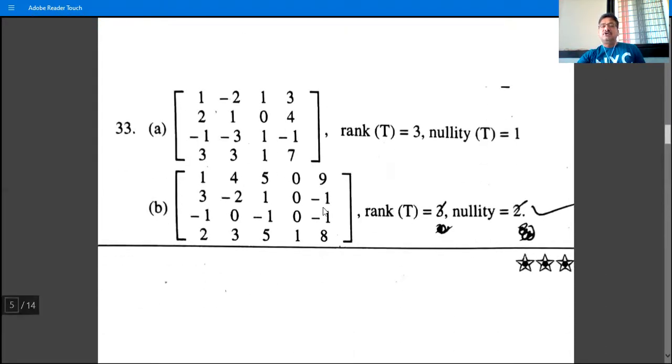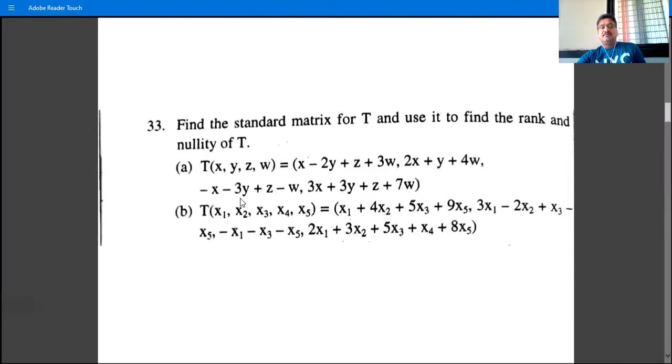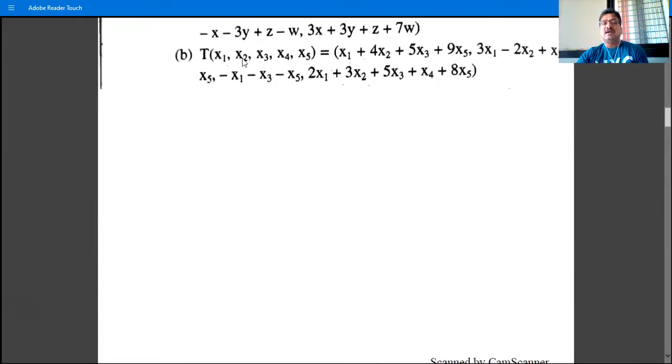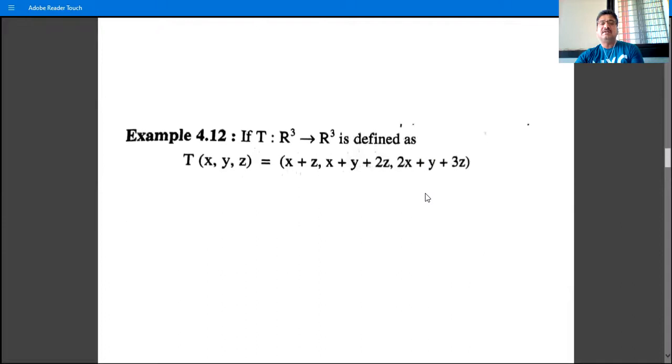Rank of T plus nullity of T is equal to the dimension of the domain. In the first problem, the dimension is 4 because T is a linear transformation from R raised to 4 to R raised to 4, so the domain is R raised to 4. In the second problem, the domain is R raised to 5, a function from R raised to 5 to R raised to 4. And so the rank of T plus the nullity of T is equal to 5, the dimension of the domain. So this is the rank nullity theorem.